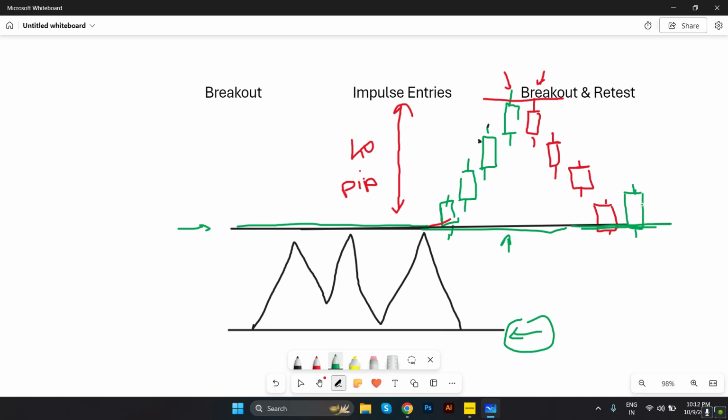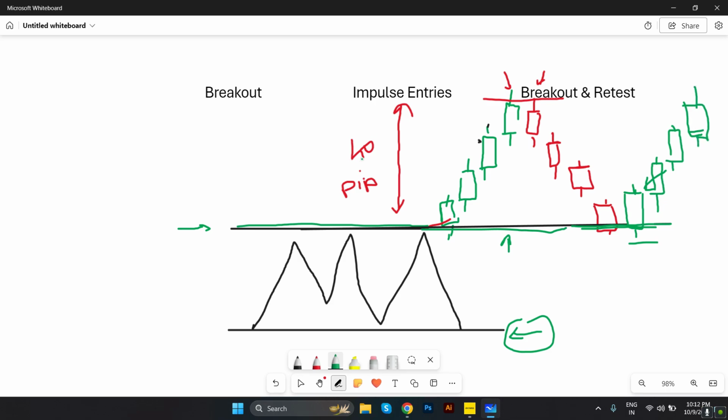And whenever price creates this kind of market structure, your entry should go right above this candle, and your stop loss goes below this candle. And as soon as the next candle starts, it should wick down, and it should keep on moving to the upside.